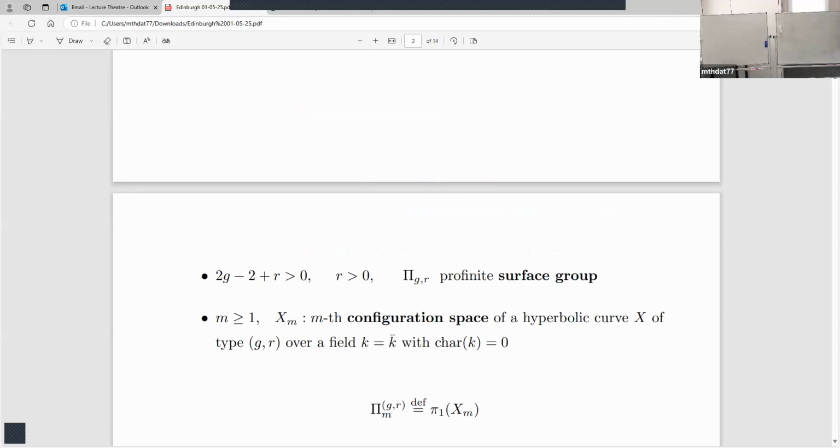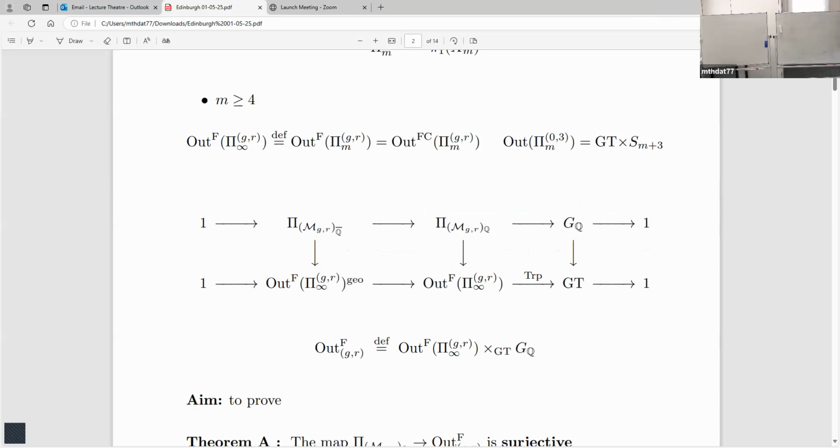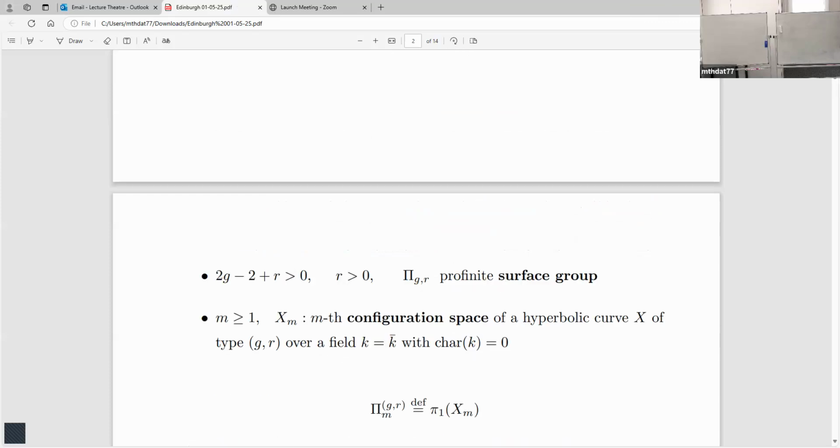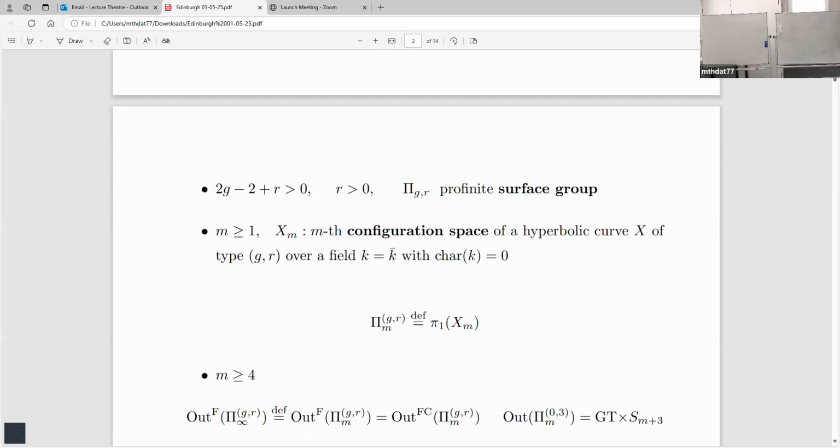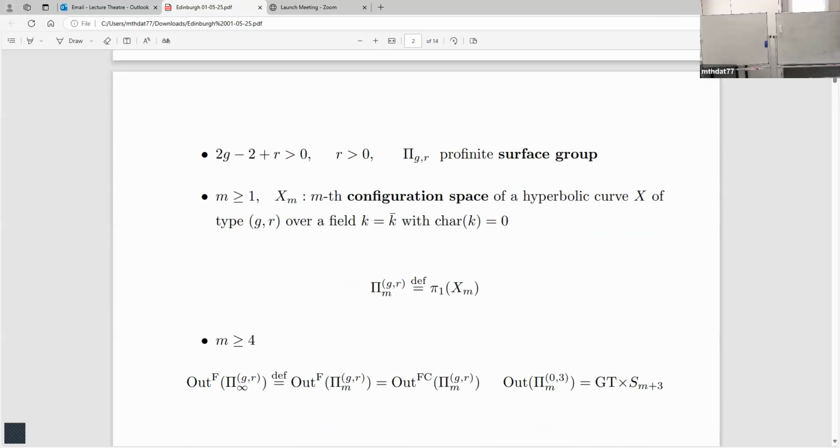First of all, I would like to fix some notations, and we have seen a few of these previously. G and R are a pair of integers which satisfy the usual hyperbolic condition, so 2G minus 2 plus R is positive.